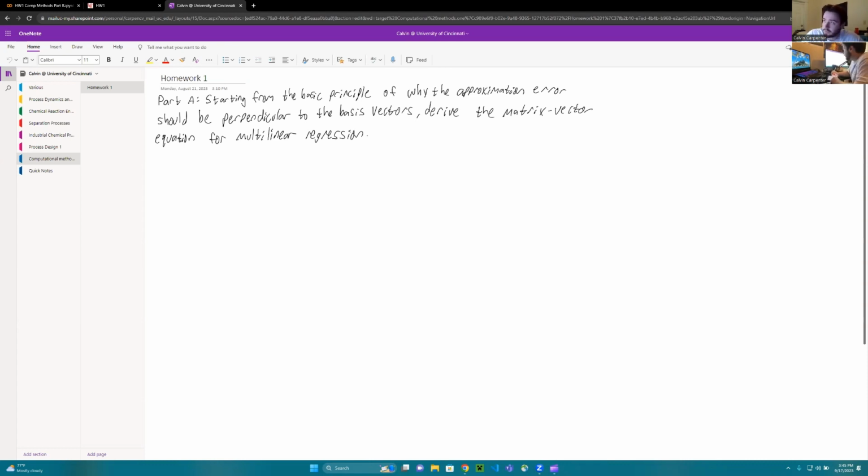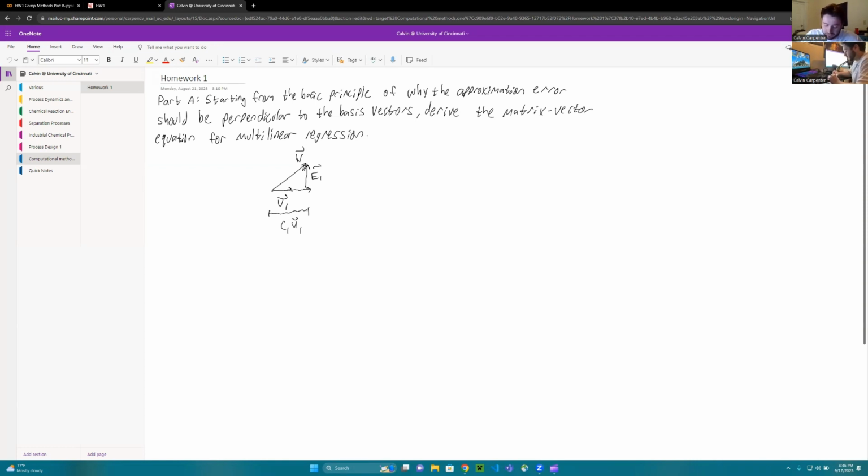So if you start off with a desired vector v and a basis vector of u, you can add a coefficient onto the basis vector u that will extend your basis vector to the point where your error vector is perpendicular to your basis vector.